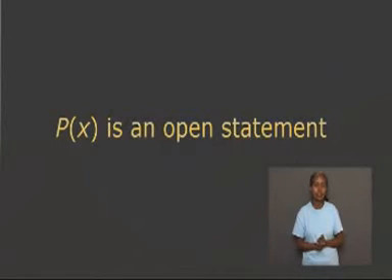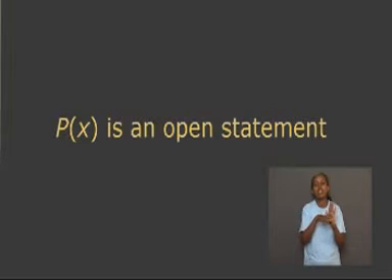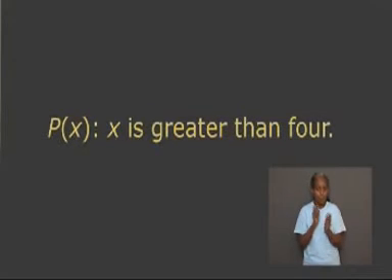They are denoted by P of x, where x stands for the variable and P stands for the property that must be satisfied by the variable. For example, in the open statement, x is greater than 4, x is the variable, and greater than 4 is the property to be satisfied by x.